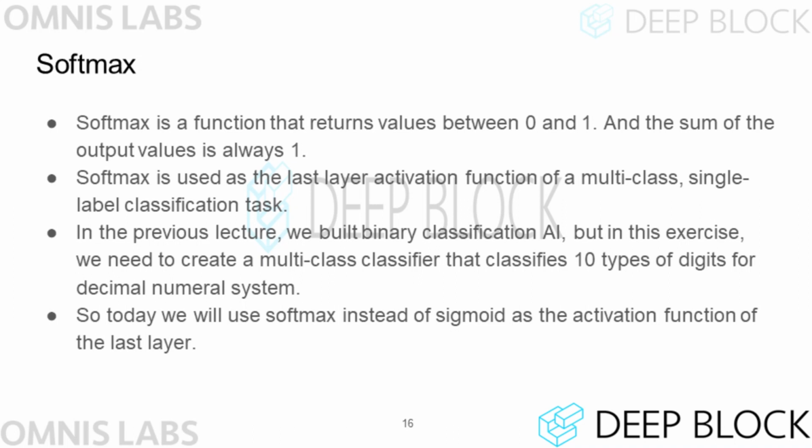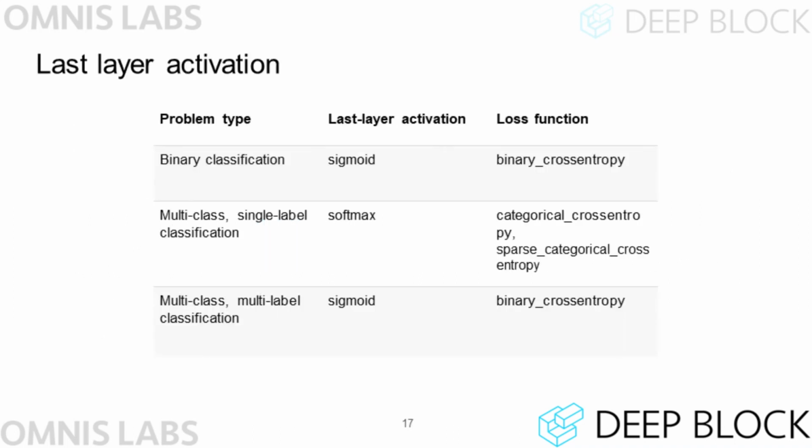In the last lecture, we implemented binary classification AI, but this time we need to implement multi-class classification AI. And you can't use the sigmoid function when implementing a multi-class classification neural network. In general, when implementing a neural network, the commonly used loss function and the last layer function are determined according to the type of problem the neural network needs to solve.